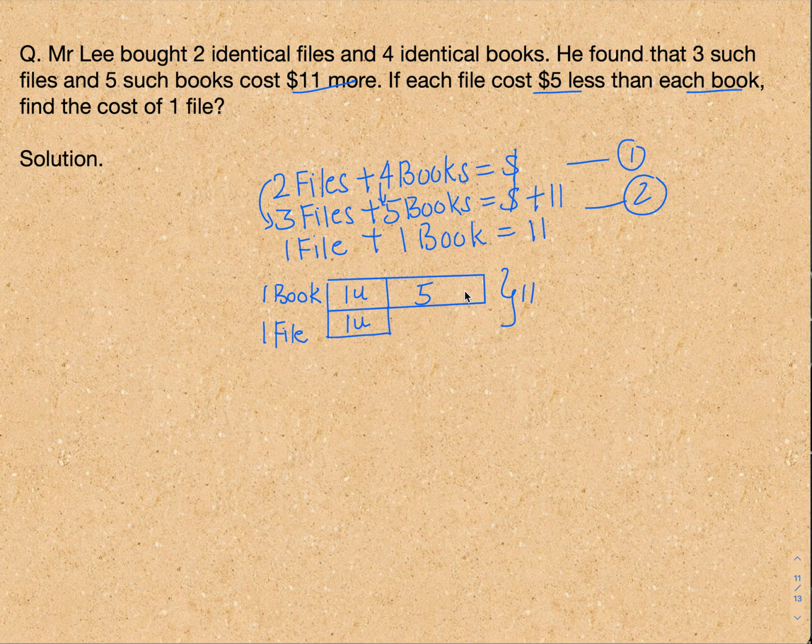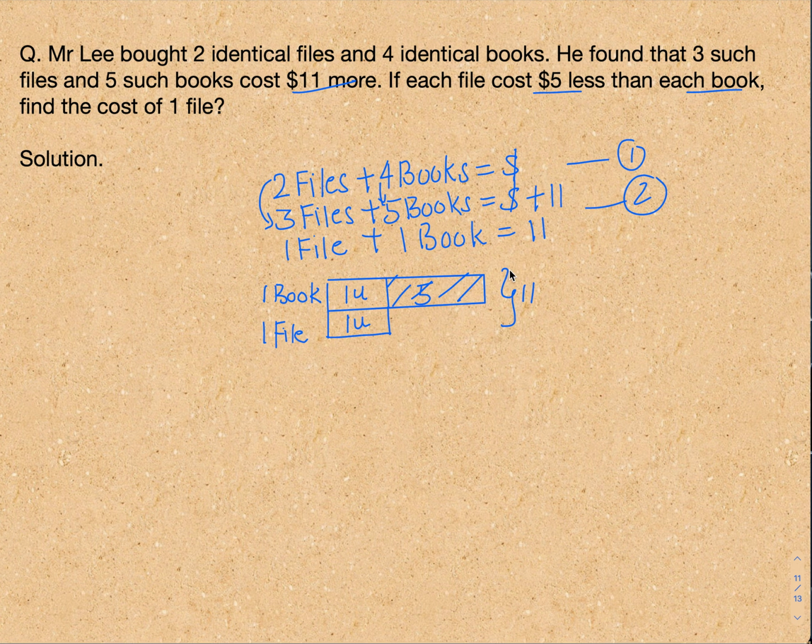Now, how do we get the cost of one file? That means we have to find how much is 1 unit. So first thing we can do is just subtract this extra 5 from 11. What do we get? We will be left only with these 2 units.